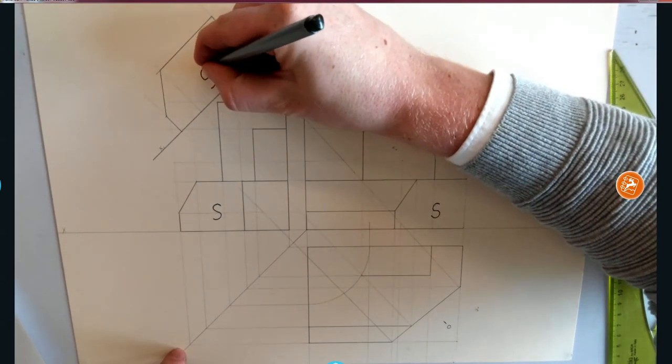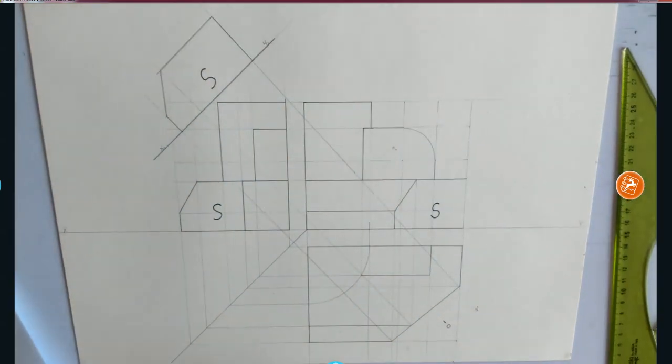Okay, so that's our true shape now of our surface S.